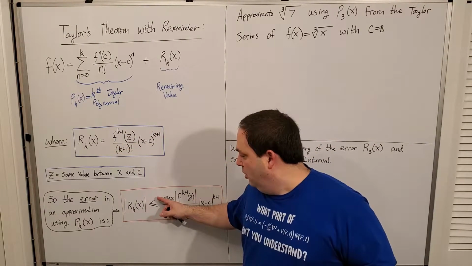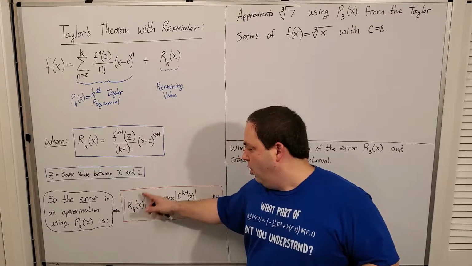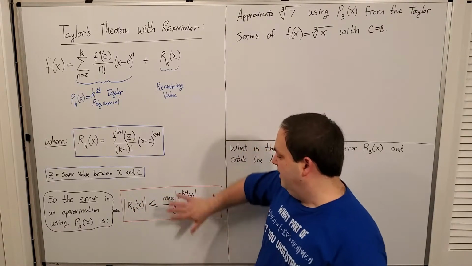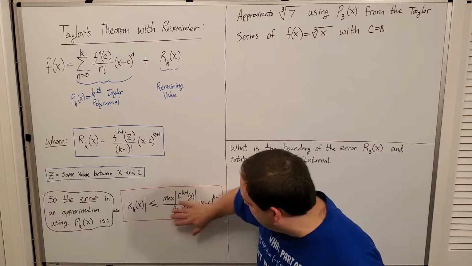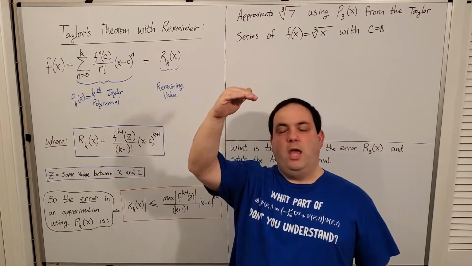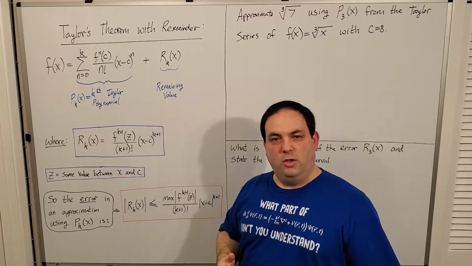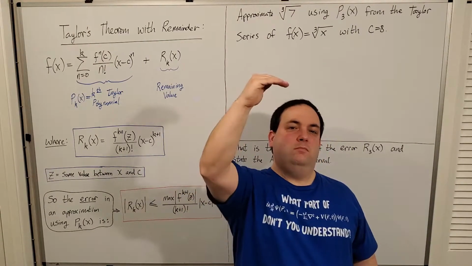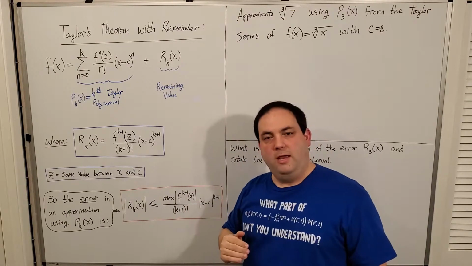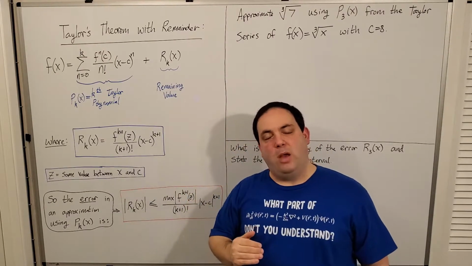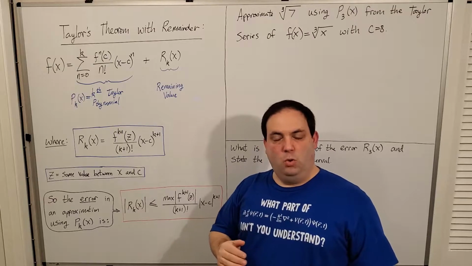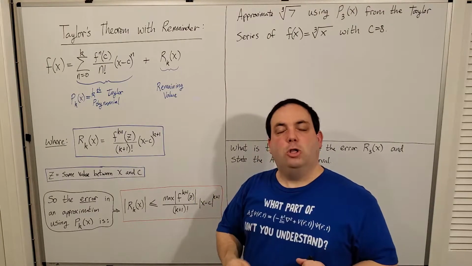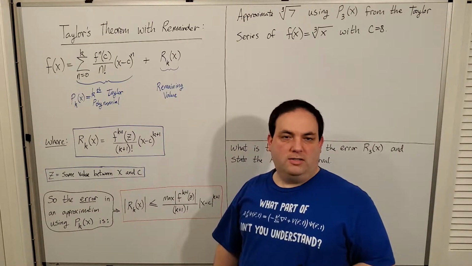So then, saying that the absolute value of R sub k, the error, is less than some calculation, makes this calculation an upper bound for the error. In other words, you can have some error, but it won't be more than this. Okay? So basically, we've capped the amount of error possible, so we can actually determine a region of how close we are to our approximation.